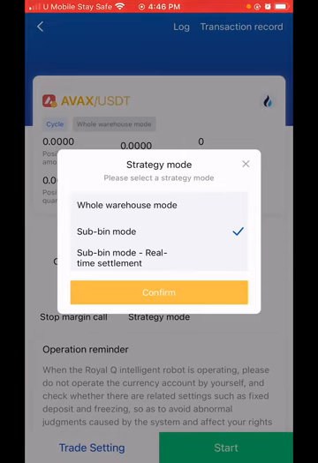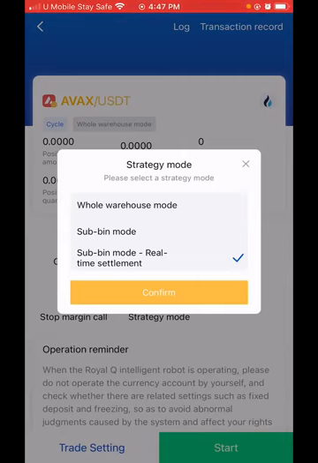If you select sub-bin mode, it does the same function, but we used to select sub-bin mode real-time settlement. What does that mean? It means if I make up to the seventh call and the bot returns back again to the fourth, meaning it has converted the profit of the seventh, the sixth, and the fifth call, I want the bot to take the 20% fee of my profit and give the record of how much I made from the trade in my revenue, where I can monitor how much it's making for me on a daily basis.